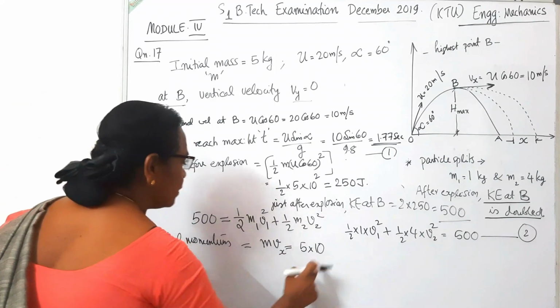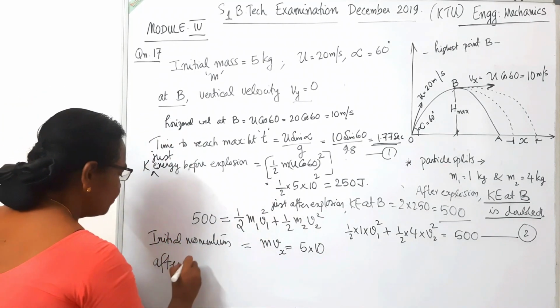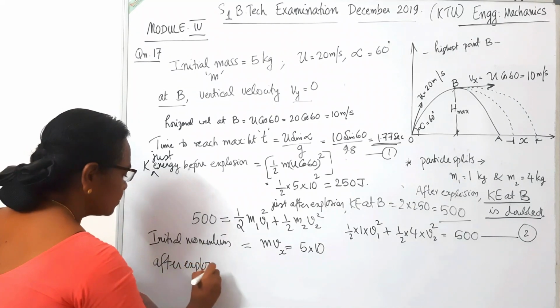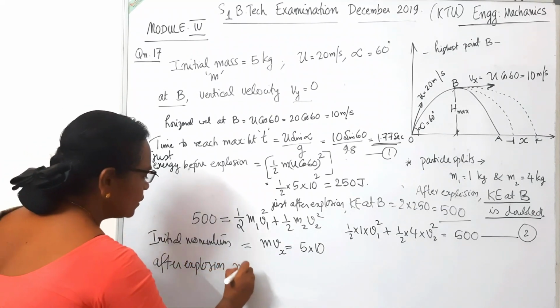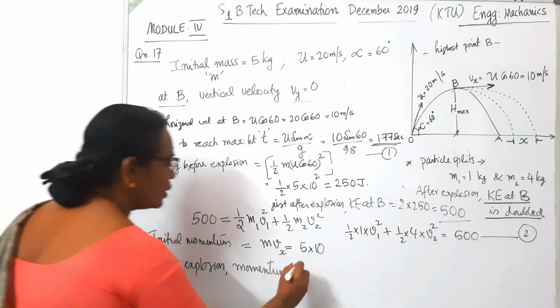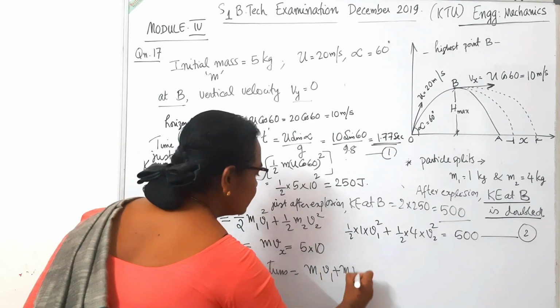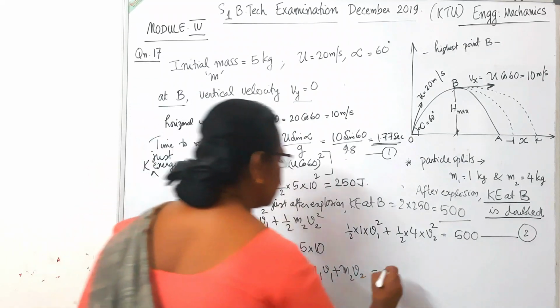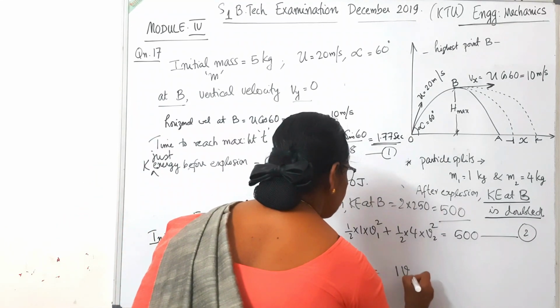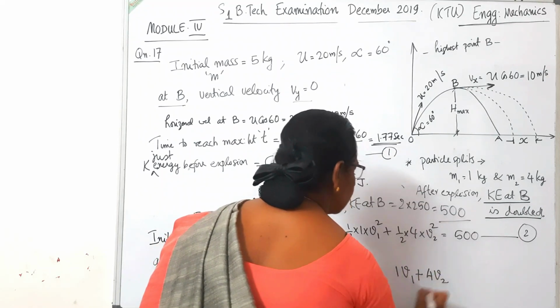This is the initial momentum. After collision, or after explosion, momentum is equal to m1 v1 plus m2 v2. So it is equal to 1 v1 plus 4 v2.